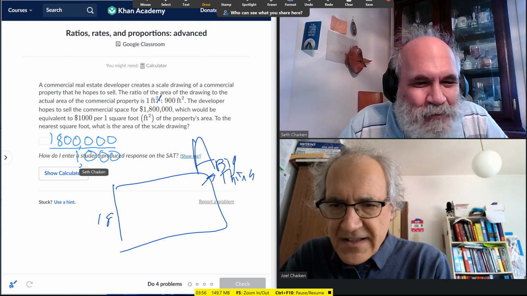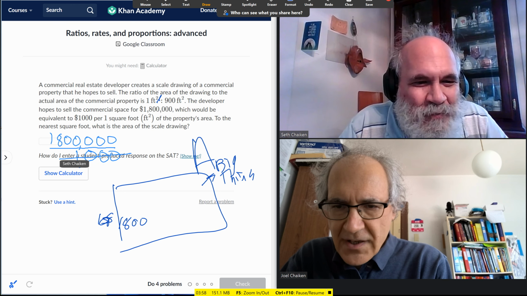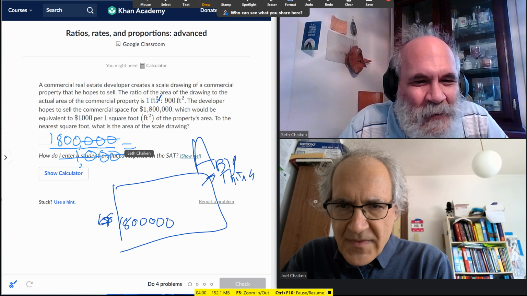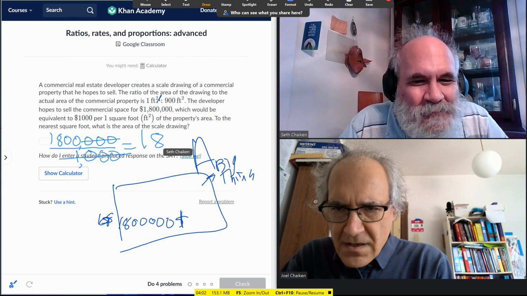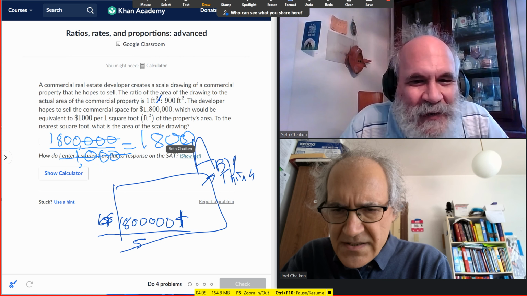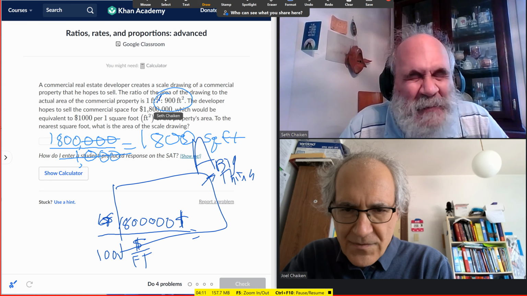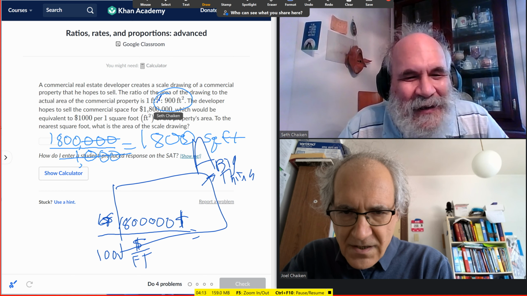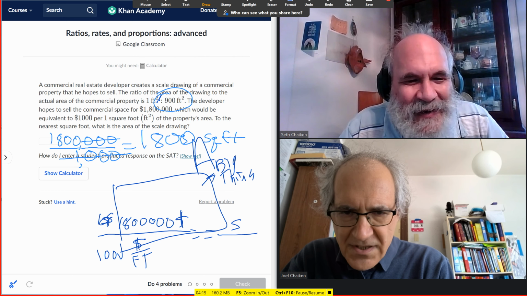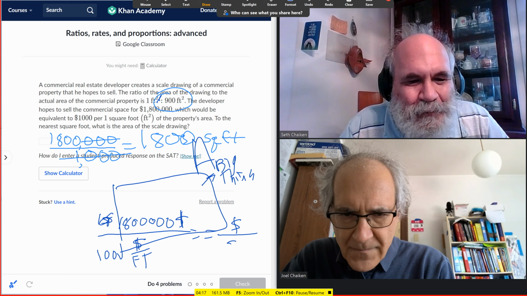Using the unit analysis, $1.8 million per square foot gives you what Seth said, but the units are important. The units here in the numerator are dollars. The units in the denominator are dollars per square foot.